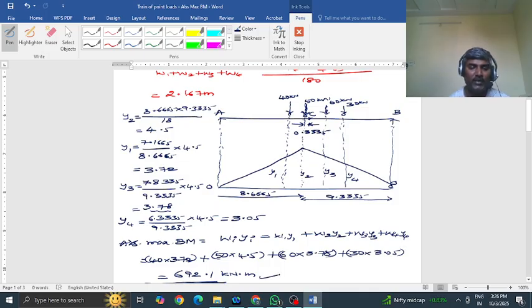So this is the maximum possible bending moment that can occur anywhere in this beam. The 692 is going to occur exactly under the 50 kilonewton load, which is nearer to the center, exactly 0.3335 meters to the left of C. This is what we call the absolute maximum bending moment.